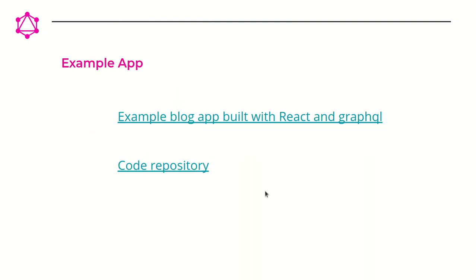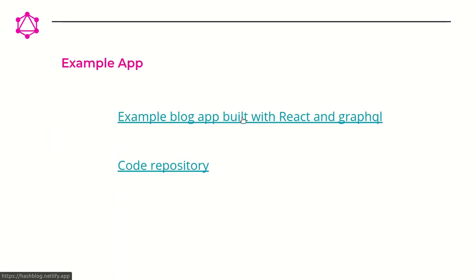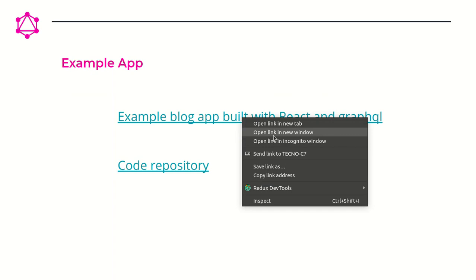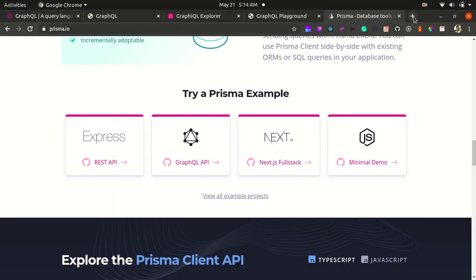I cannot talk about GraphQL without showing you something that I've experienced building with GraphQL. I've done many other things with GraphQL, but this is the one I can show you as a project I've done. So this project I built using GraphQL and Apollo on the client with React, and I used the Hashnode GraphQL API.